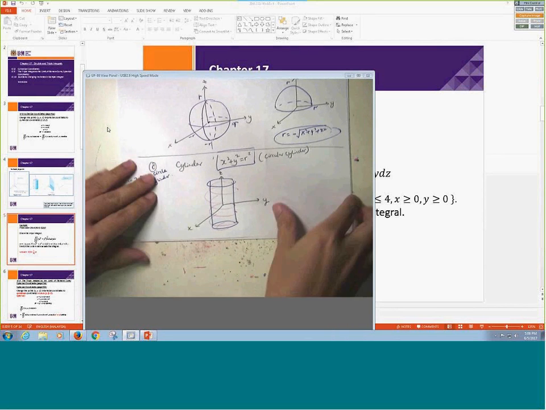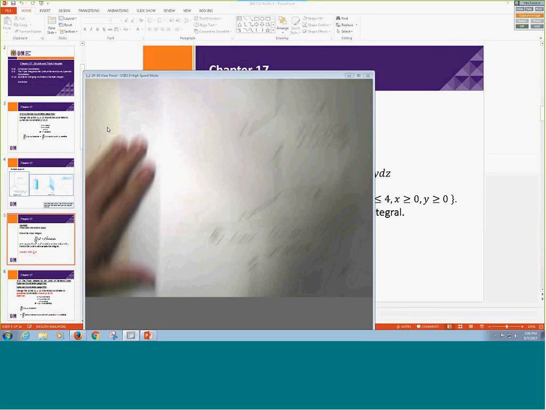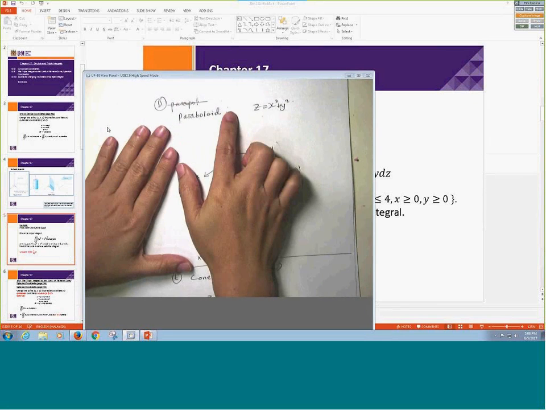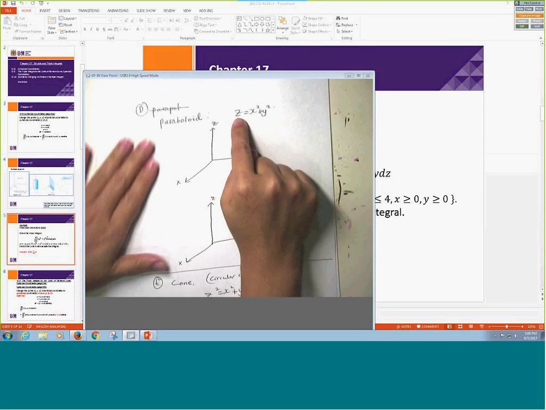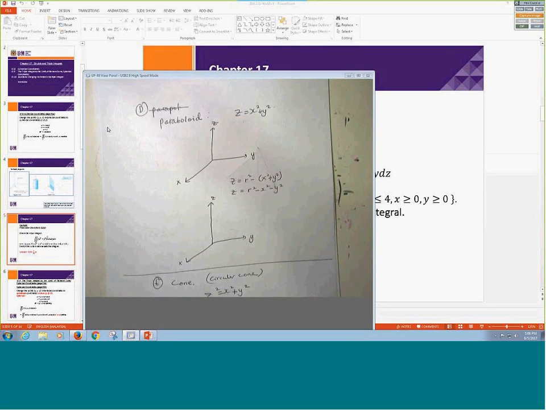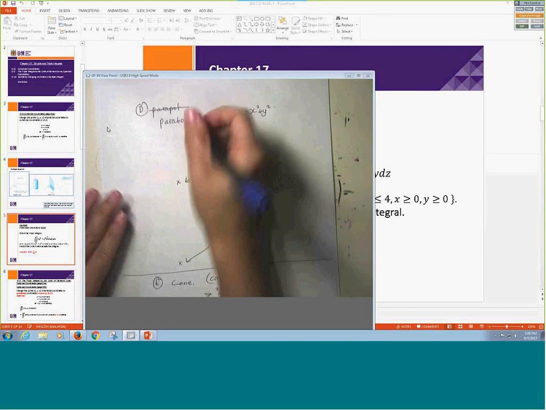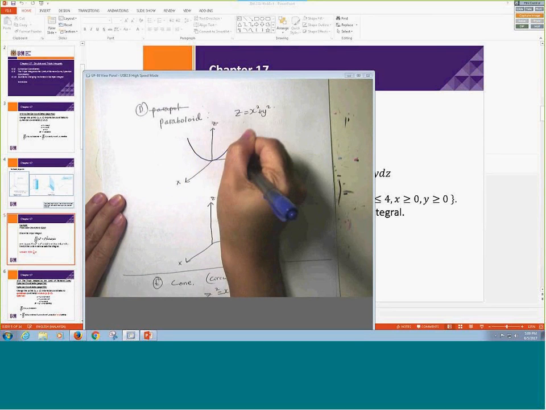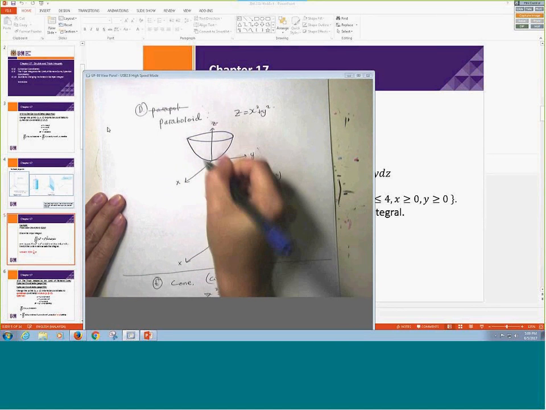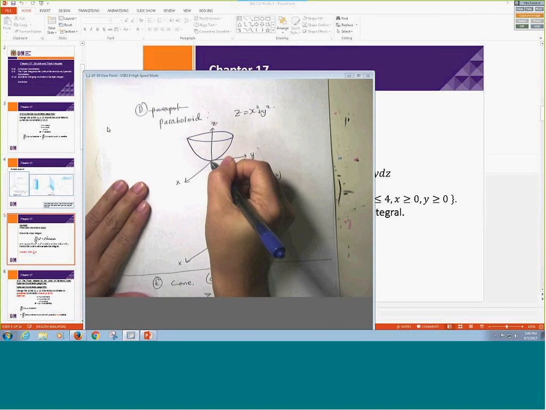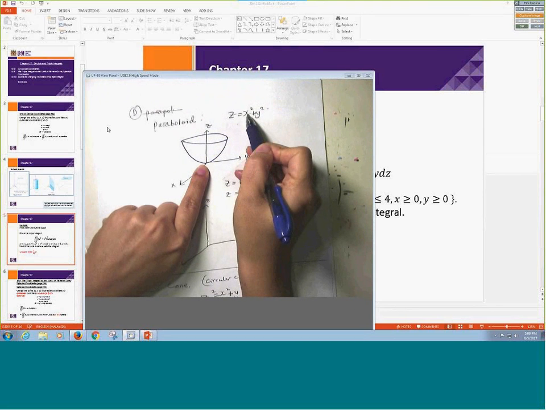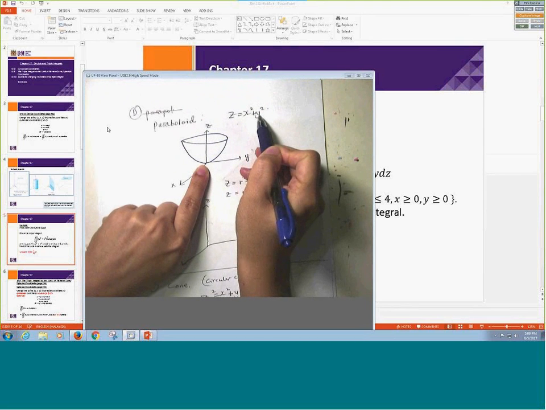The next one will be the paraboloid, the formula z equals x squared plus y squared. The shape will be like this. Why do I know that there is a point here? Because when x is 0 and y is 0, z equals 0.